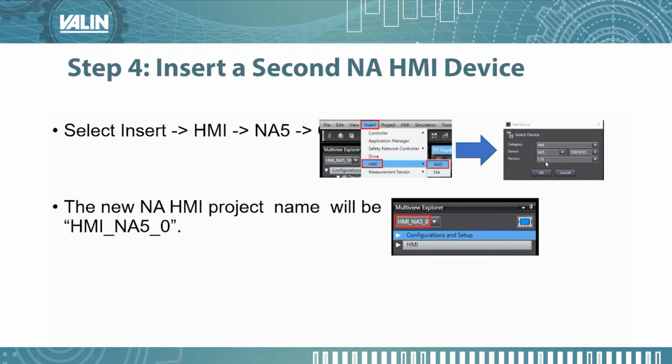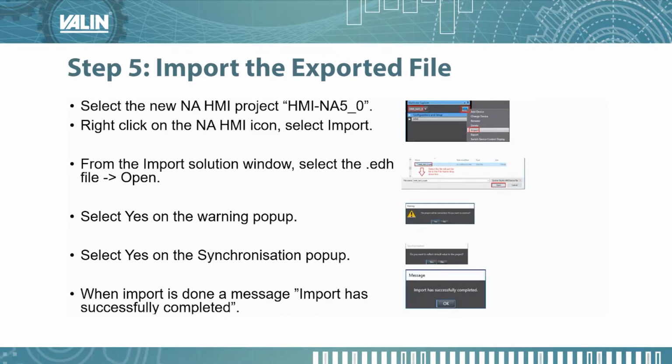When you finish, the new second HMI project will have the name HMI_NA5_0. At this point, you want to import the existing project that you had exported earlier. To do that, you would select HMI_NA5_0, right mouse click on it, and then select import.